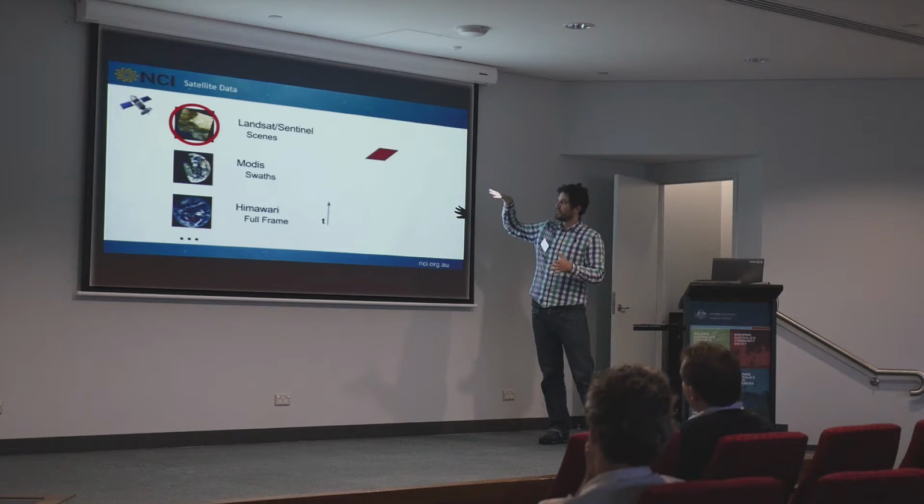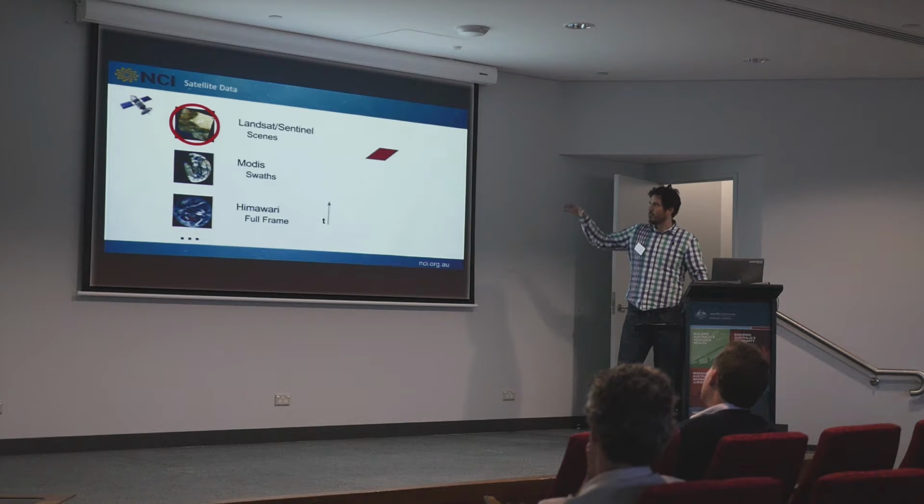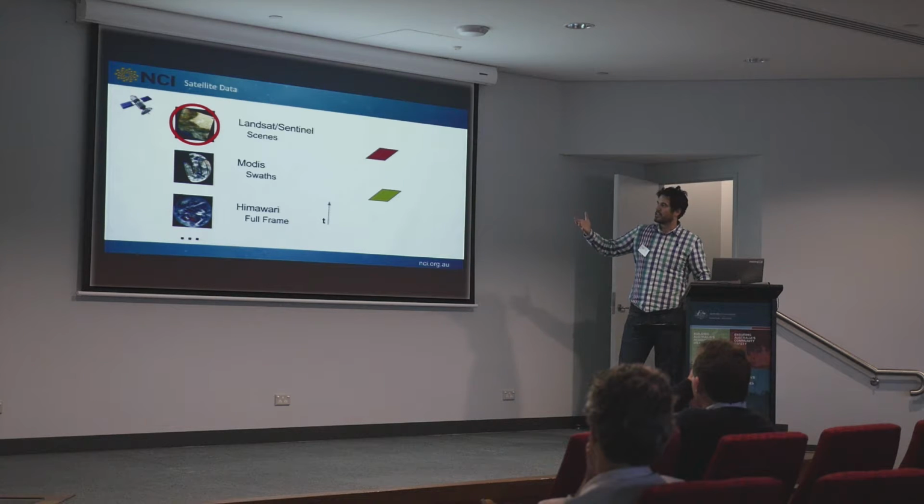For the case of the scenes, we can represent one of these photographs by placing it in space, and the satellite collects many photographs through time. With this time axis, we can represent one particular photograph that the satellite takes by this maroon tile, and for another time we have another tile.